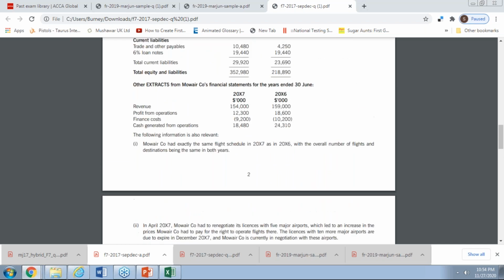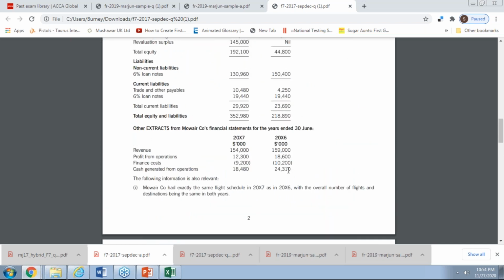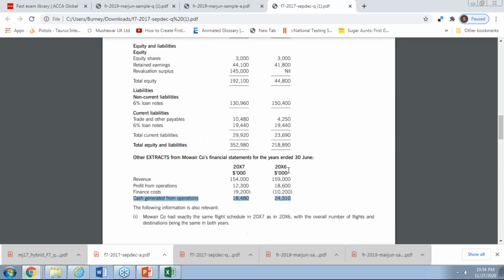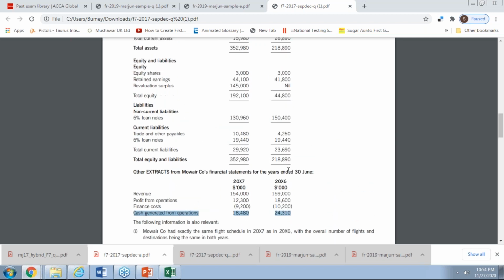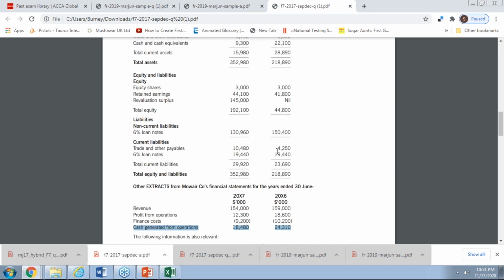One more thing which is relevant here is that you can see the cash generated from operations is decreasing over the period. One more thing that you should know is that the company is paying a loan installment equivalent to 19,440. So 19,440 is the amount that the company has to maintain in order to pay off the liability.